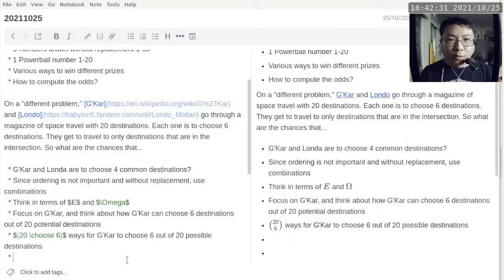The other 2 are not going to be in the intersection of the 2 sets of destinations. So given that is the problem now, what are we going to do?